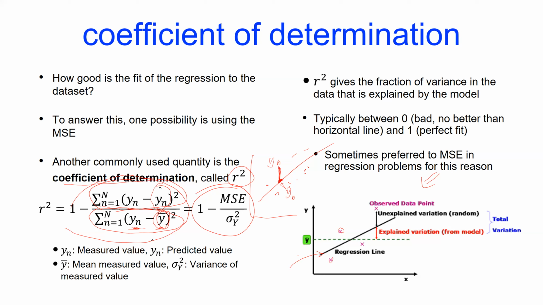So if we are very lazy, we don't do any fitting. We just say, let's be lazy and take the average of your y as a prediction. So no matter what you give me, I always give you the average of y, right? That is not too bad.